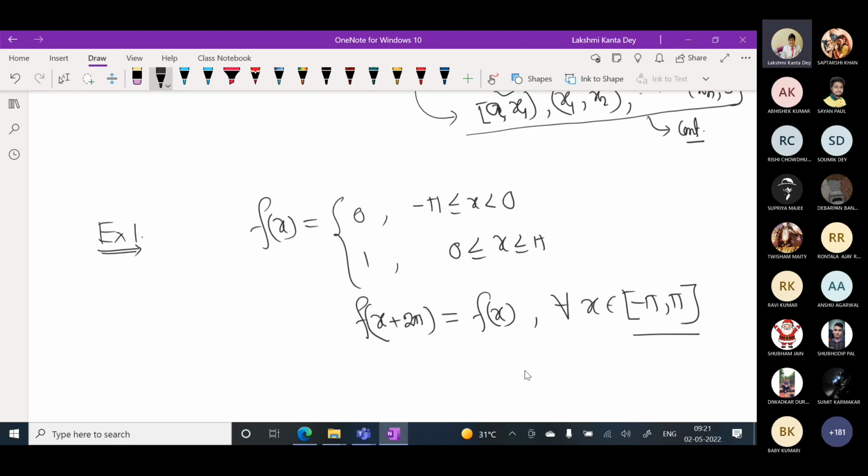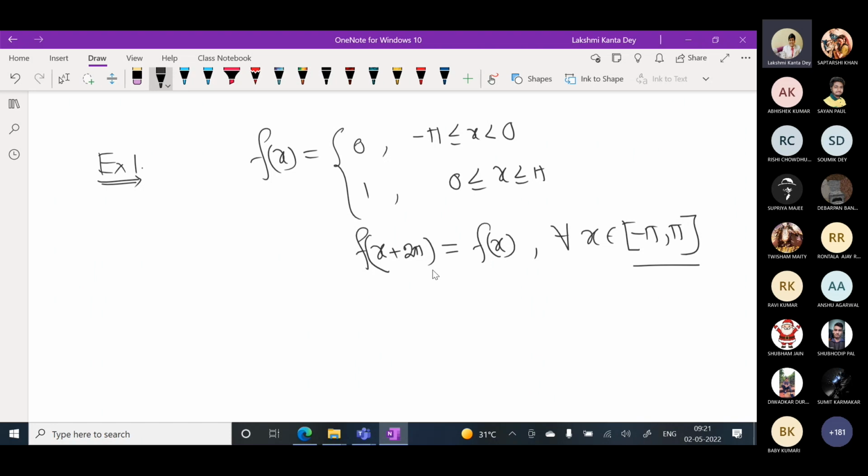So you know the function is basically a periodic function. It has been extended and the period of the function is 2 pi. Okay. So we can find a naught is equal to what? 1 by pi integral from minus pi to pi of f(x) dx. So what is this?